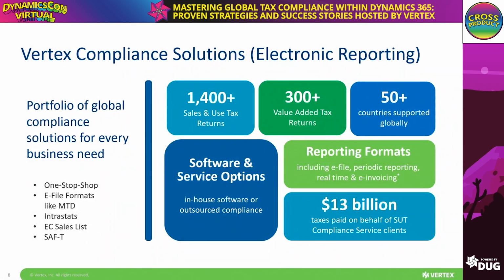Our solution that we're talking about here today has the ability to take all of your transaction data. It'll compute and create all of the different filing forms that you need, and it'll submit them electronically, whichever way the different countries allow for. So it's really a one-stop shop across the globe for all of your different tax return filings.